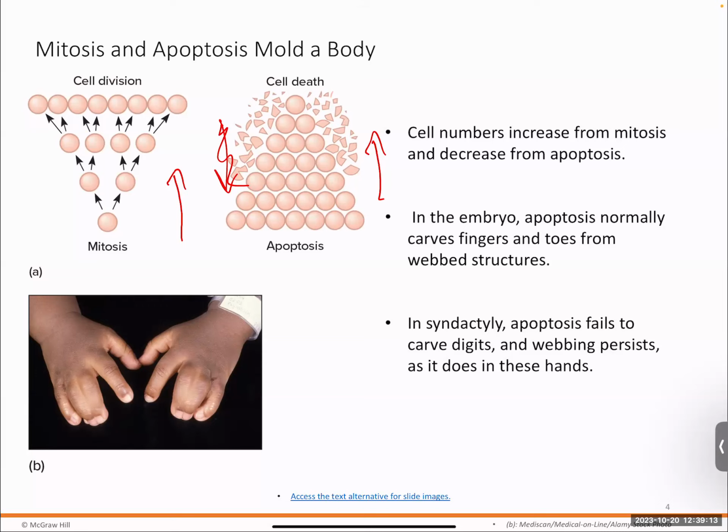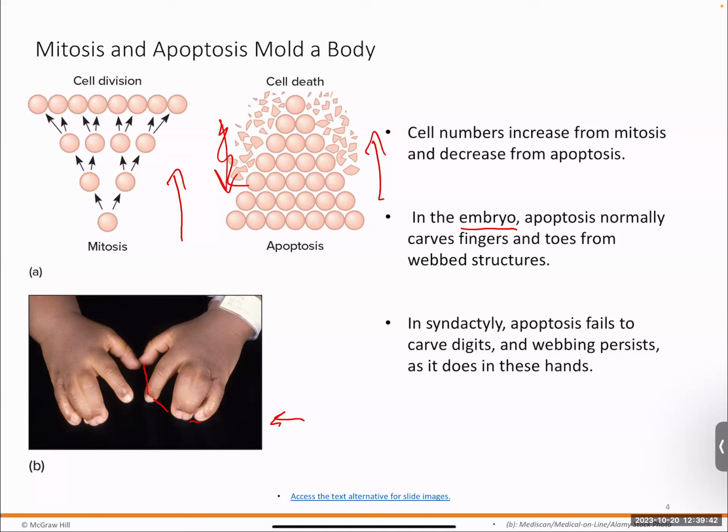For instance, in this case, I have shown an image that you can see right here. This is where apoptosis is not happening at its normal rate. So in an embryo, when the fetus is developing, we have all of our fingers connected together, kind of web-like structures.